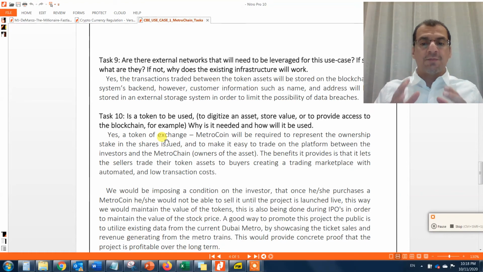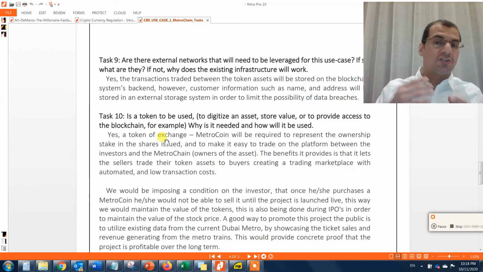Now, what this means is, think of it as a stock market. On a stock market, you're able to go in, make your trade, buy your stocks, and get out. This is going to be in a very similar fashion as a marketplace, only you're buying token share ownership, or token share assets.